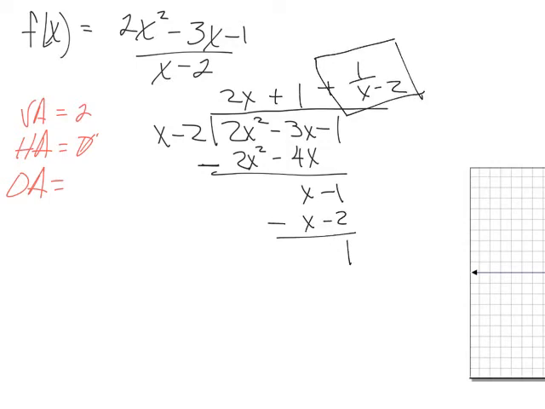We're going to ignore the remainder, and we're just going to look at this right here. I'm not going to go into all the theory on why this works, but that equation, y equals 2x plus 1, which I got from right here, that is the line of our slant asymptote, or our oblique asymptote.